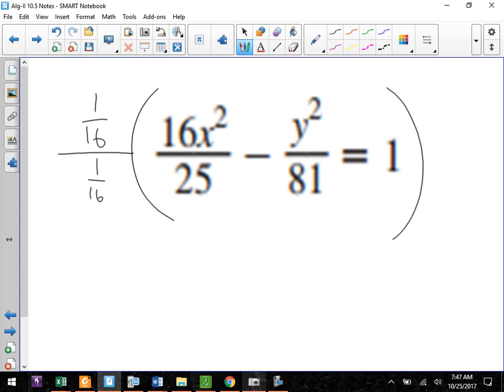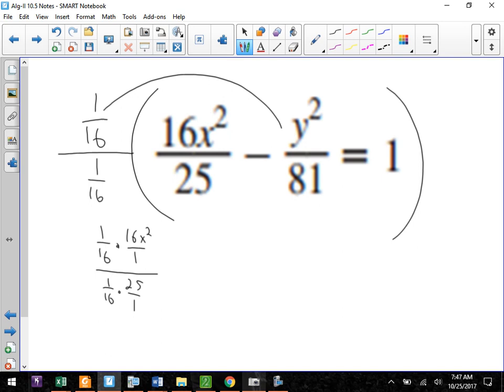And I'm just going to show you this out in long form. You get 1/16 times 16x squared over 1 over 1/16 times 25 over 1. That's what it would be to that first term. The second term, well, what's 1 times anything?